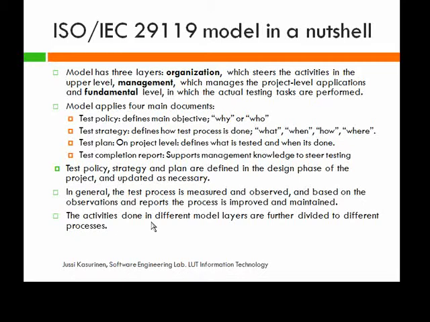And these ideas are made real or put in application in practice in the test plan, which on project level defines what is tested and when it's done. And when the testing is done based on the plan, there's a test completion report which supports the management and the organizational level to steer the testing work in the later phase.